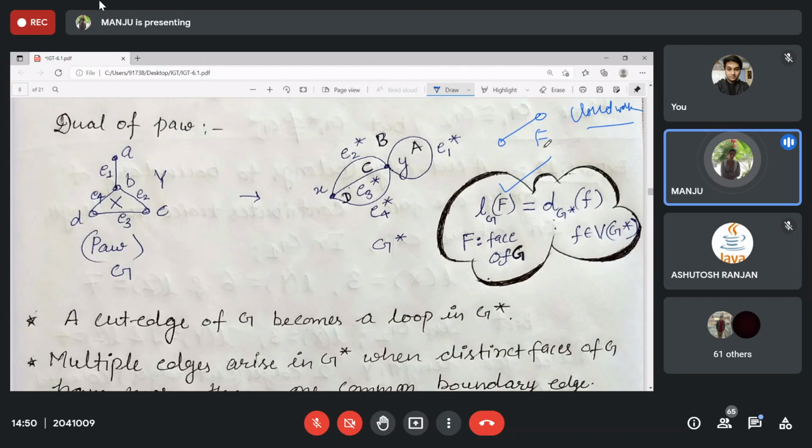Tell me, length of this face. Can you find any smallest possible closed walk in this one? Ma'am, 2. A, B, A or B, A, B, right? So length will be 2. Now, can you tell me the degree of vertex F in G star? This is your G. Can you find the degree of vertex F in G star?